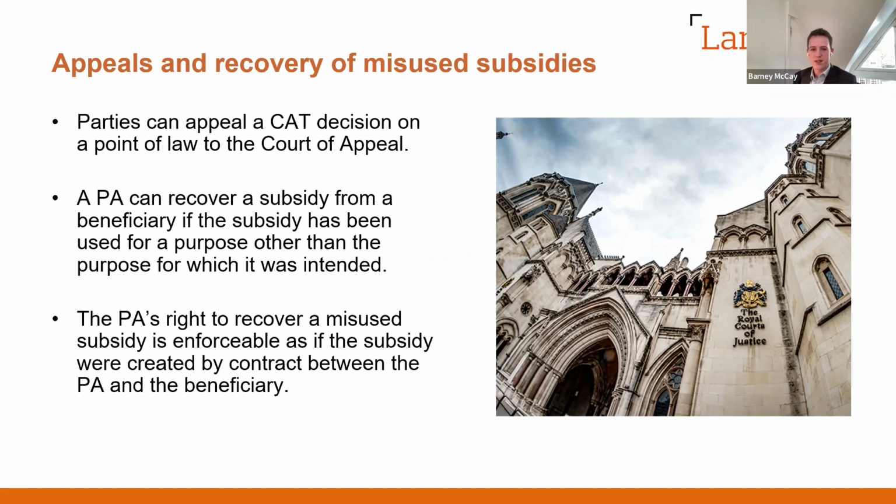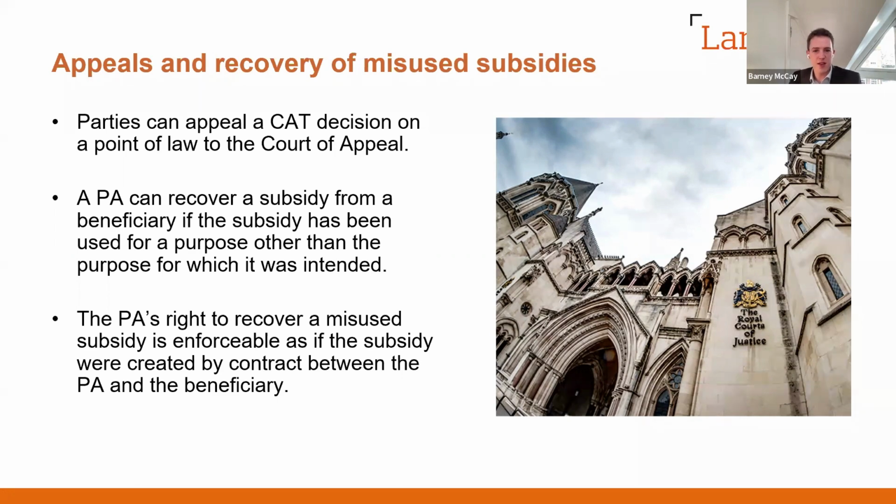And the authority's right to recover a misused subsidy is enforceable as if the subsidy were created by contract between the public authority and the beneficiary. So that covers the authority's ability to recover a subsidy that's been misused.